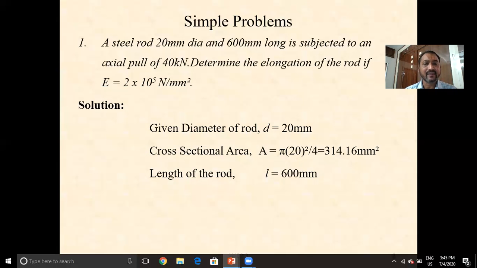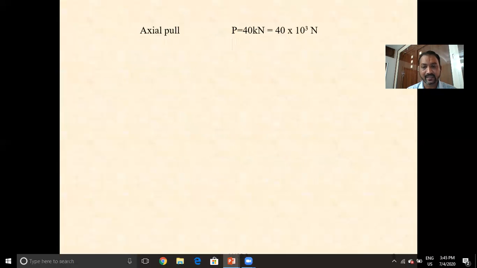Next, the length of the rod is given directly, L is equal to 600 millimeters. Next, the axial pull is given. The body is subjected to a tensile force of 40 kilonewtons, that is 40 into 10 power 3 newtons, so 40,000 newtons. That is the force.